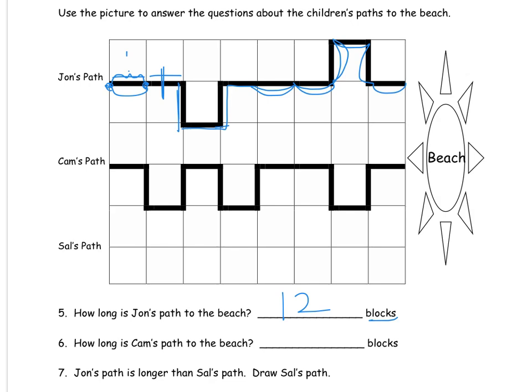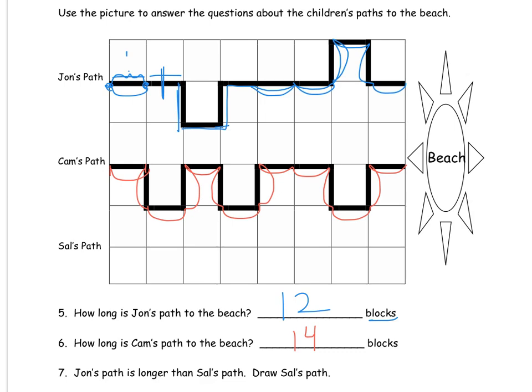So now I'm going to do that same thing with Cam's path. This time I'm going to use jumps. It just helps me when I jump from one endpoint to the next, like that. That's 1, 2, 3, 4, 5, 6, 7, 8, 9, 10, 11, 12, 13, 14. So that's 14 blocks.